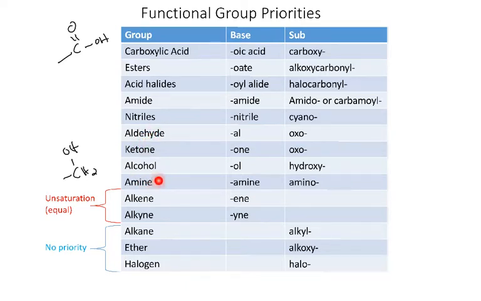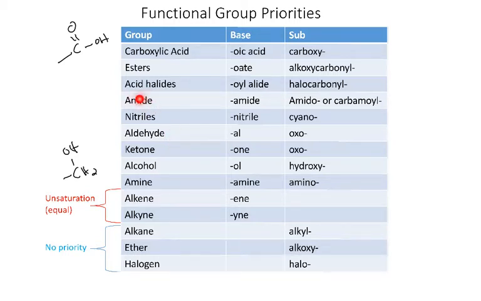An amine comes below an alcohol because we have 1 bond to an electronegative atom, but it's a nitrogen, and nitrogen is less electronegative than oxygen. When we go to nitriles, now we have a C triple bond N, so we've got a triple bond to a nitrogen, and that's more oxidized than an aldehyde or a ketone that just has 2 bonds to an oxygen.